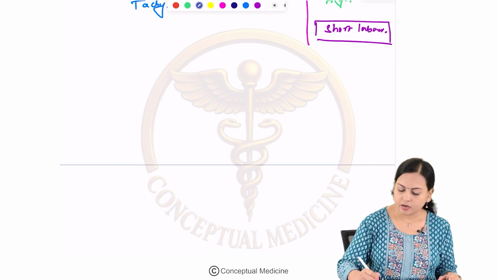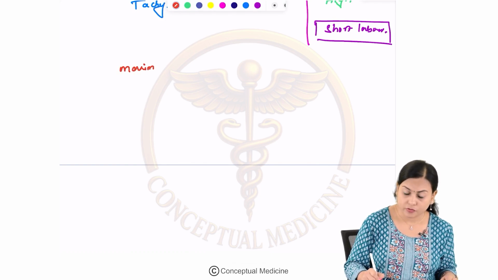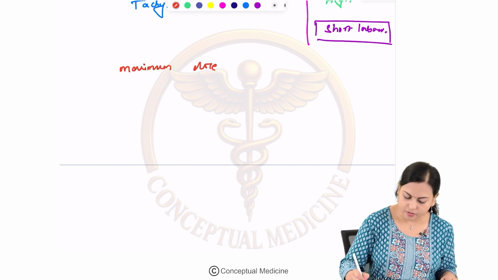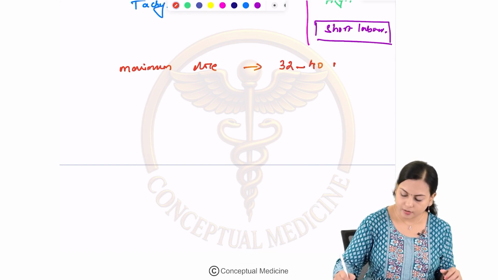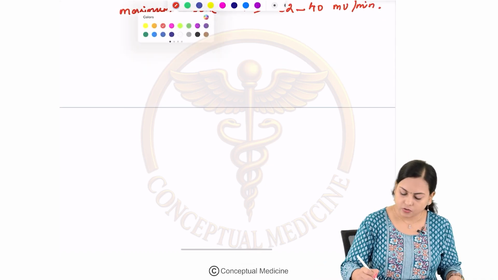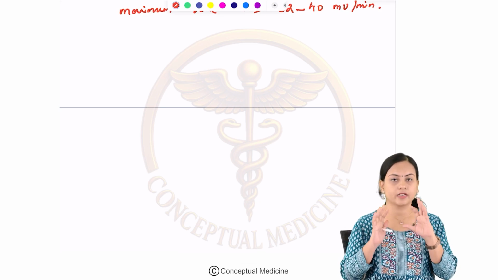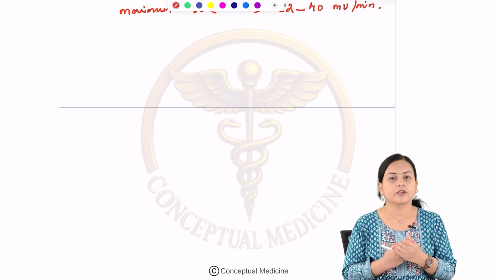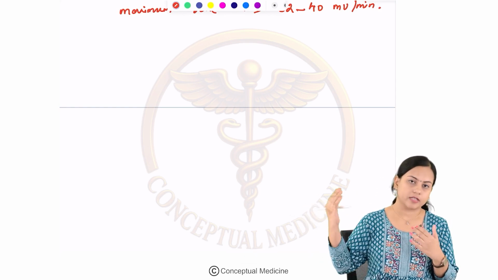Another important point you have to know is, what is the maximum dose of oxytocin you can give. Maximum dose can be between 32 to 40 milliunits per minute. Clear? So once you started increasing the dose and at a particular level of oxytocin you are able to get a sufficient amount of contractions, then it should be maintained at a plateau till delivery.